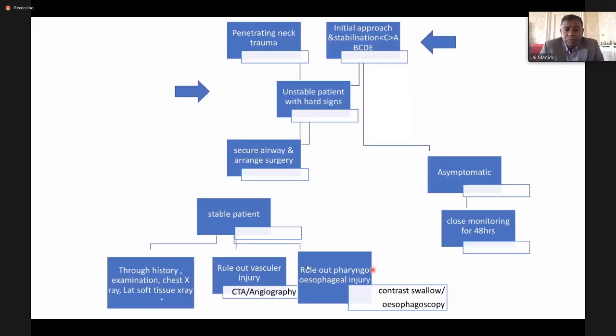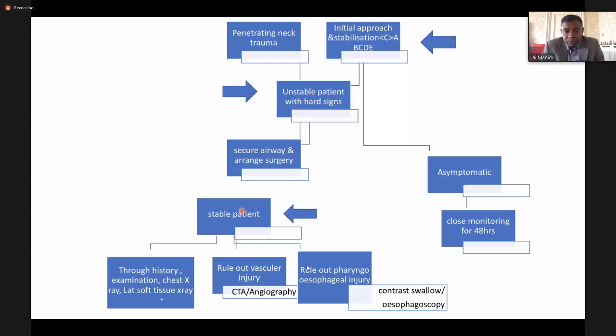So let's follow the basic journey. When the patient comes to accident and emergency with a penetrating neck trauma, you do all this A, B, C, D, E, and straight away assess whether this is an unstable patient with the hard signs. That's easy. Secure the airway and arrange a surgery.